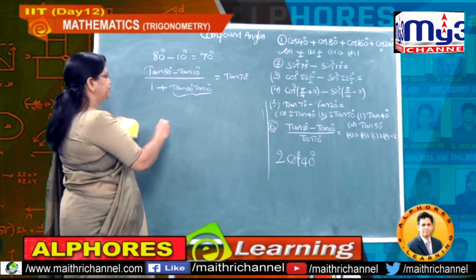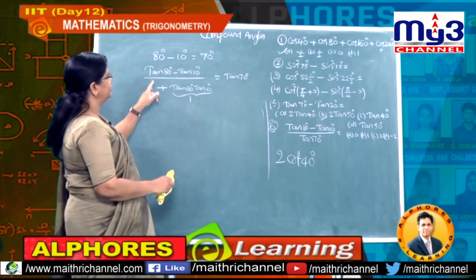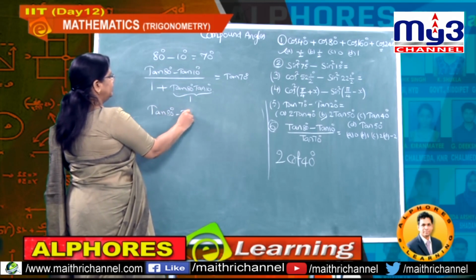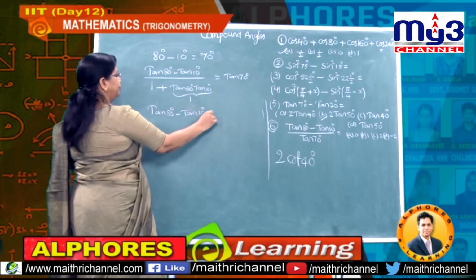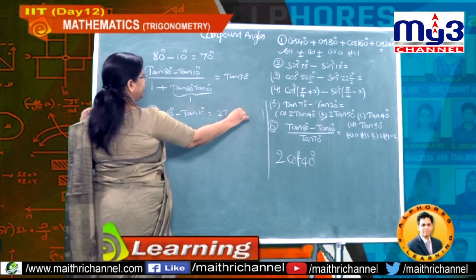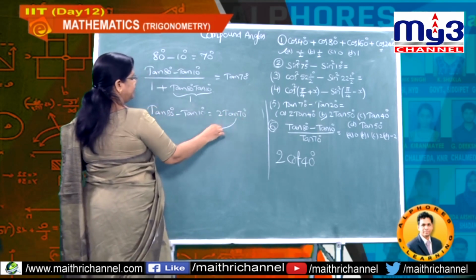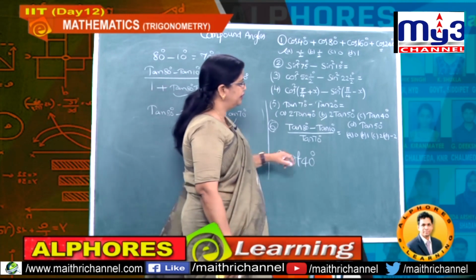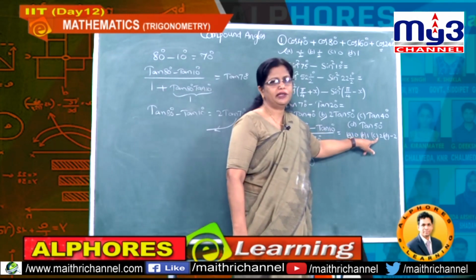It is 1. So this value is 1. Hence what is the value you got? Tan 80 degrees minus tan 10 degrees equal to 2 times tan 70 degrees. Got it? So if you take tan 70 to the denominator, then what would be your answer here? The answer is option C, that is 2.